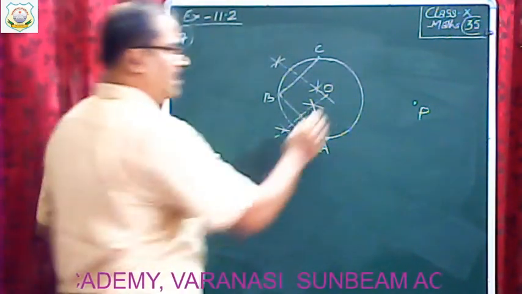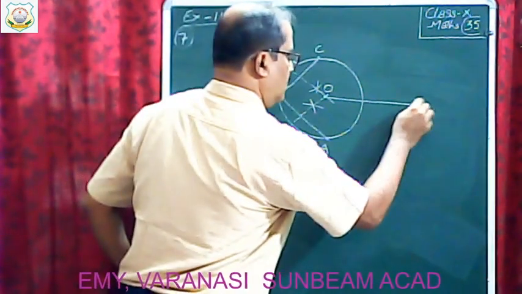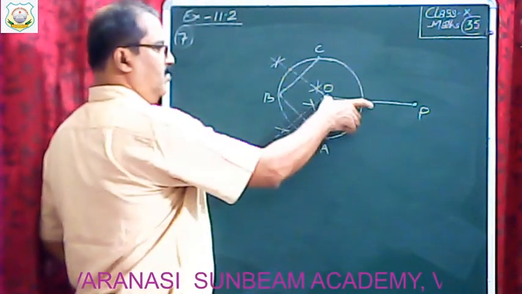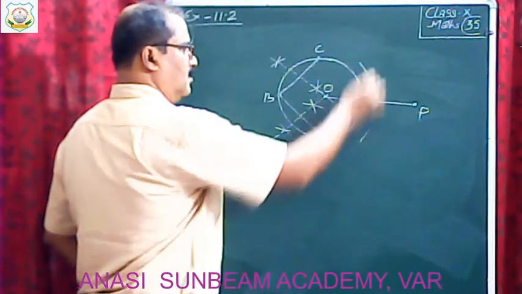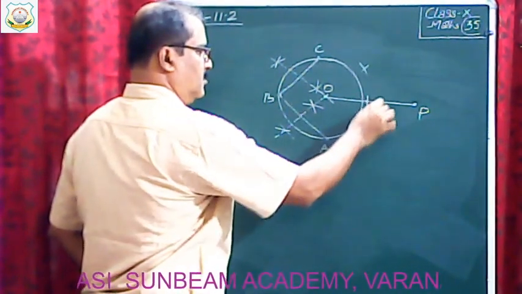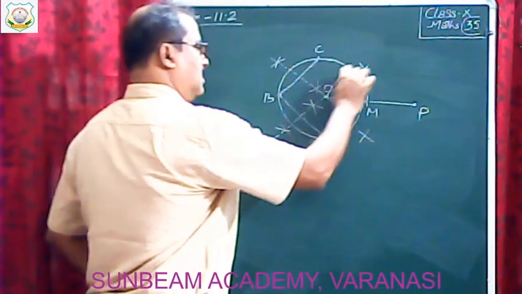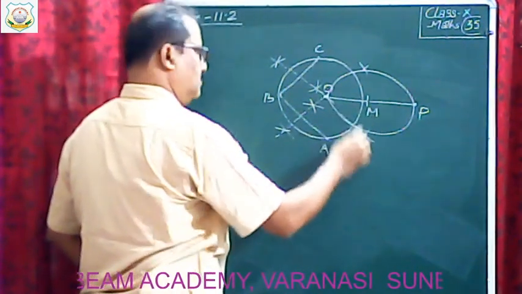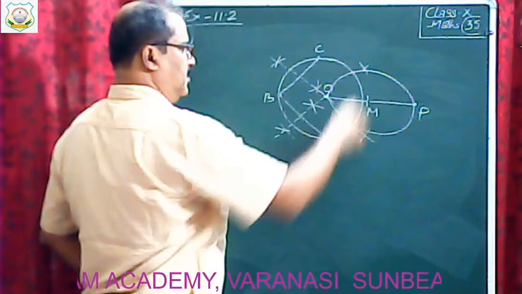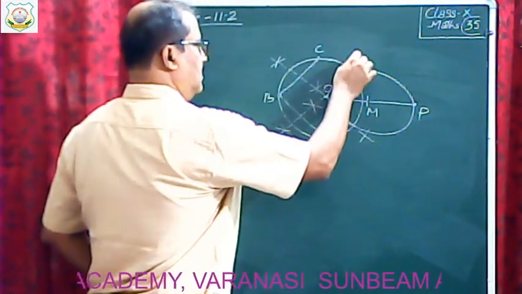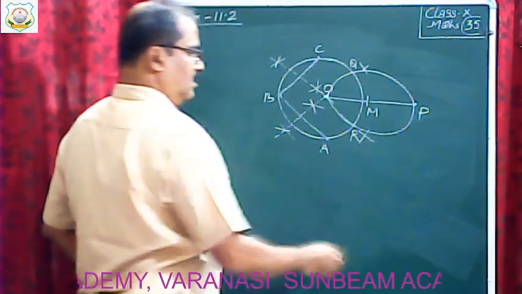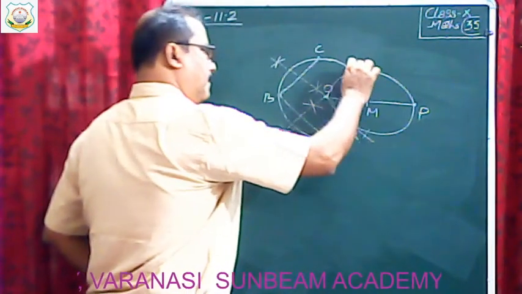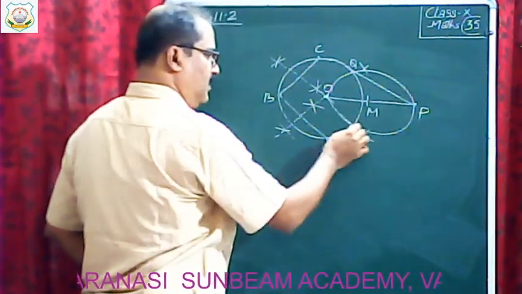So join OP, thereafter mark the midpoint of OP. Geometrically, draw the perpendicular bisector of OP. Suppose M is the midpoint, with M center, OM radius, draw a circle, intersecting the previous circle at 2 points, suppose Q and R. Now join PQ and PR.